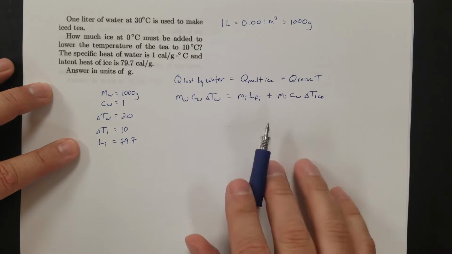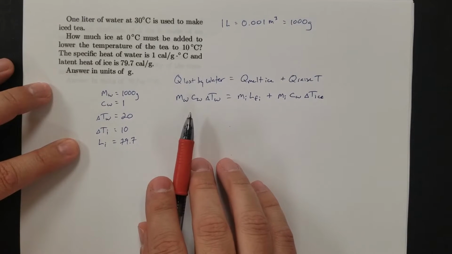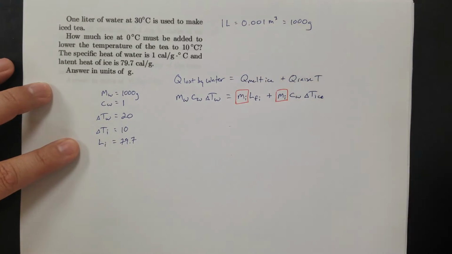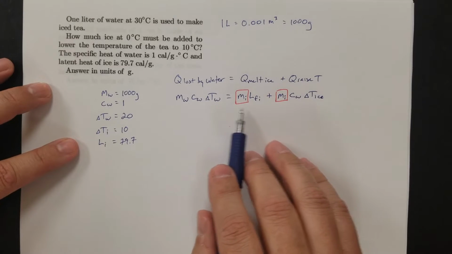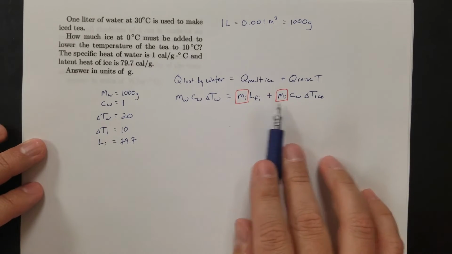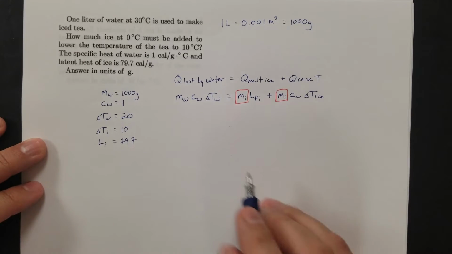And now I can take this, and what am I trying to solve for? I'm trying to find how much ice, so I'm trying to find the mass of the ice. I've got to do a little bit of algebra, but it's not too bad. See how these both have m_i? That's the mass of the ice. So I can pull both of these out, like reverse distribution, I guess you could call it.